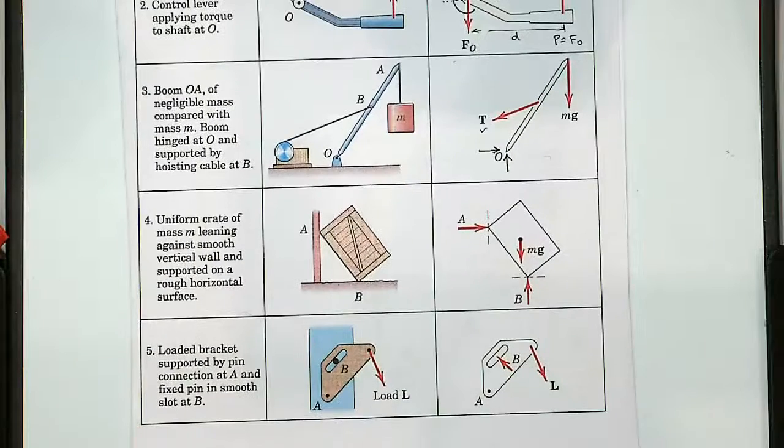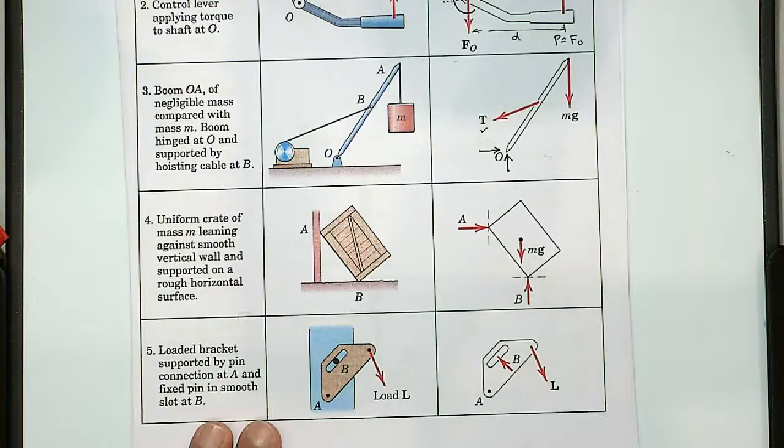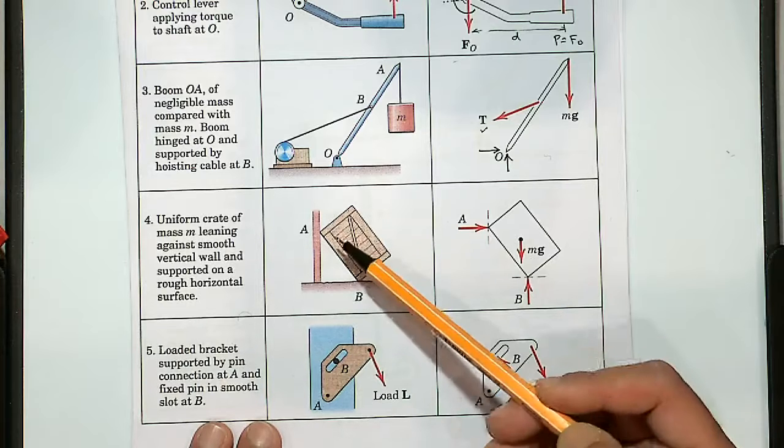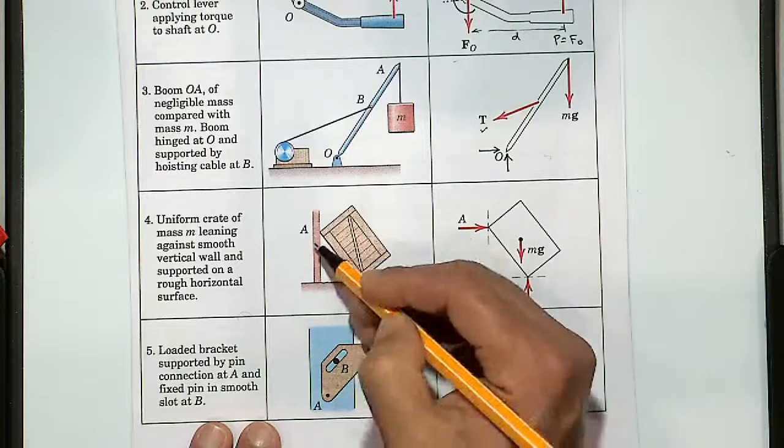Next problem, I gave it as last year's final exam paper. This was an online paper. This problem was there in last year's paper. So you have a crate of weight mg, resting on a vertical wall which is smooth.